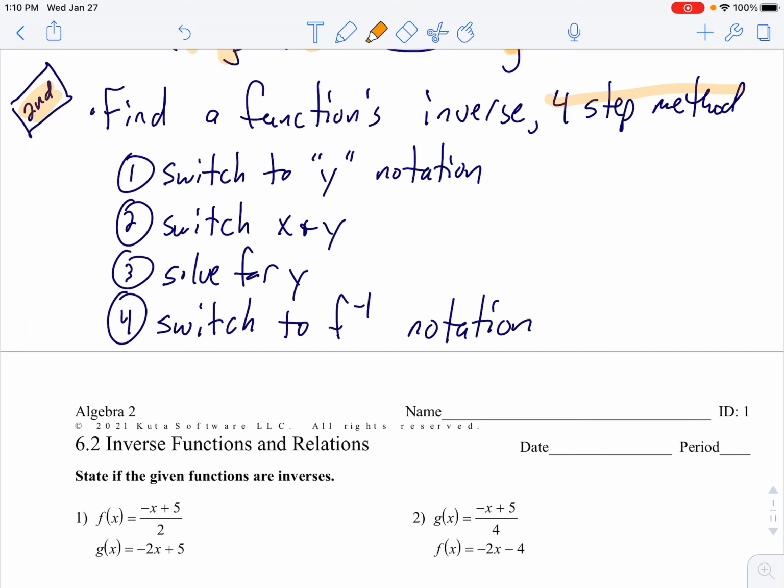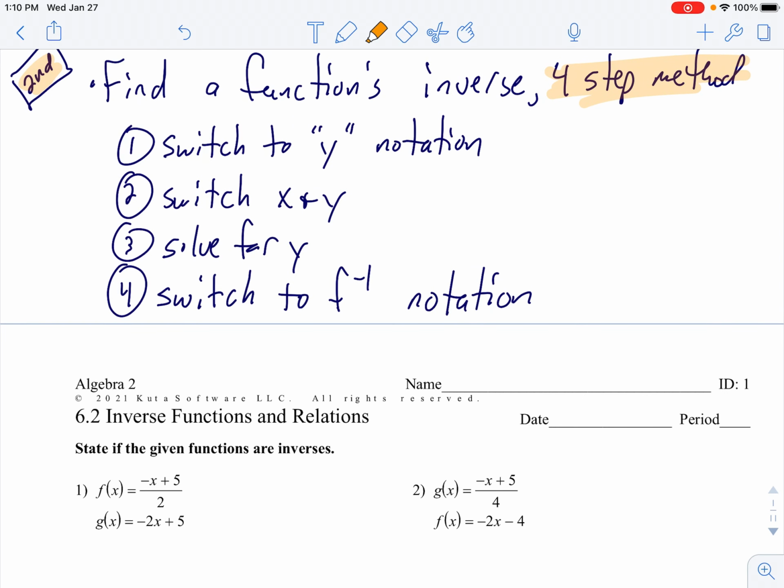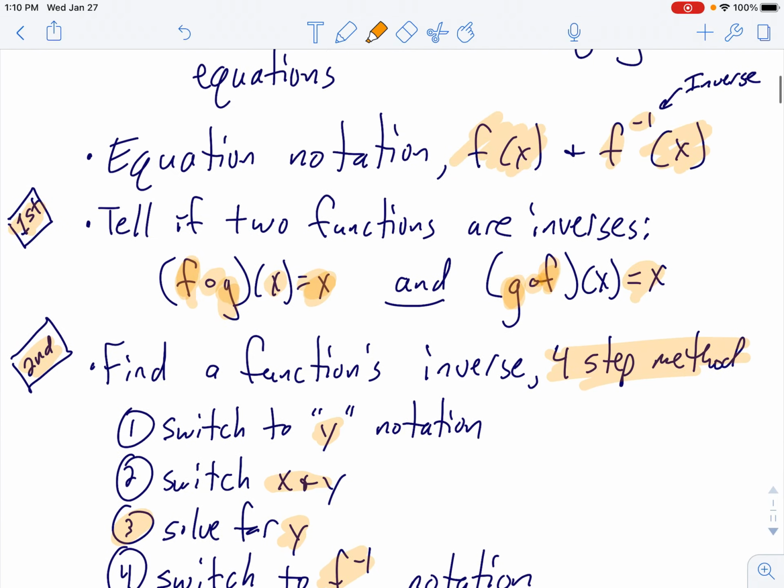So there's this whole 4-step method for finding an inverse. I'll elaborate when we get down there, but the 4 steps: we're going to switch notation, switch x and y, solve for y, which step 3 honestly usually takes a bunch of steps all by itself, and then change the notation back to inverse notation. So, two types of problems.